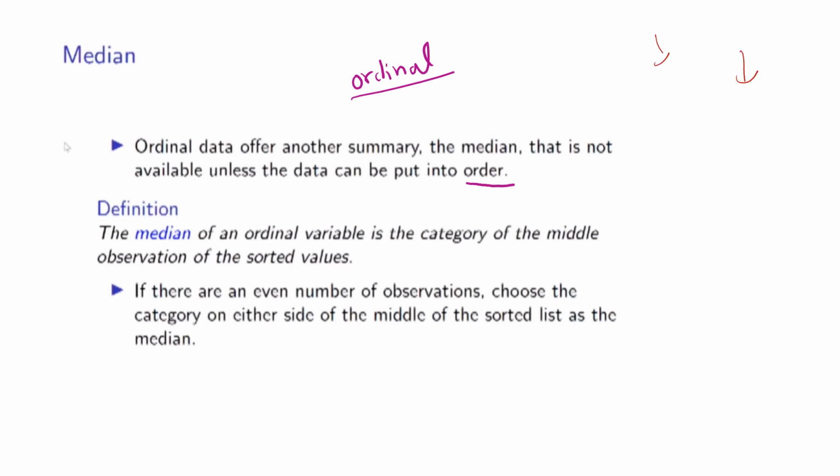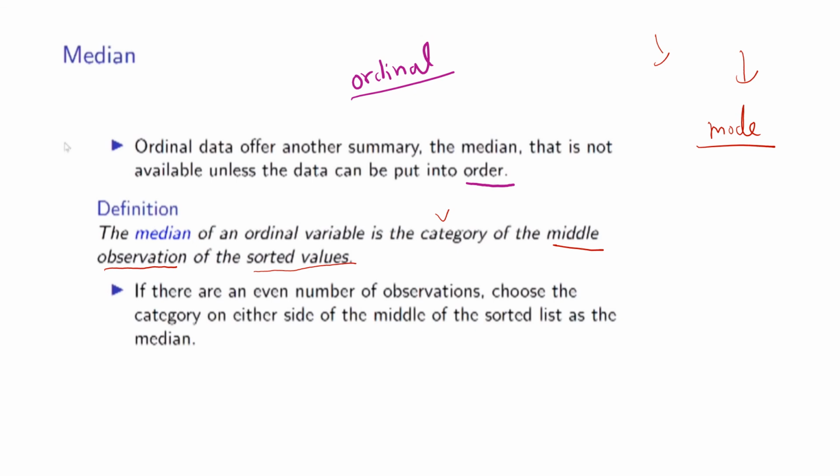For nominal data, we can only find the mode, but for ordinal data we can find the mode and the median also. The median of an ordinal variable is the category of the middle observation. Median means which category has the middle observation of the sorted values.